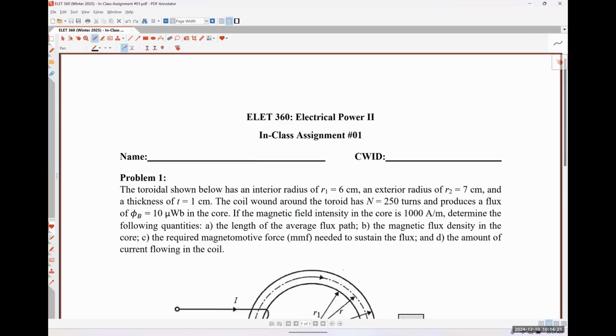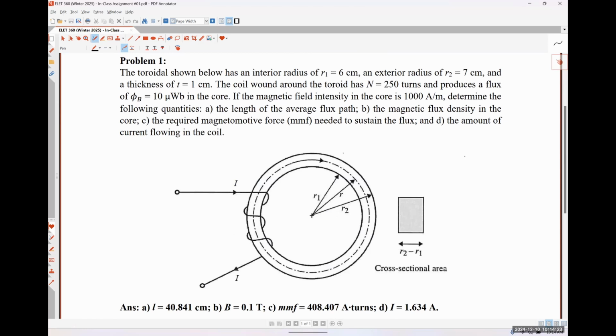All right, so we have a toroidal coil, or really a toroidal core with a coil wrapped around it. We have an external radius of 7 centimeters and internal radius of 6 centimeters, and the thickness into the page, which would be this dimension right here, is given to be 1 centimeter.